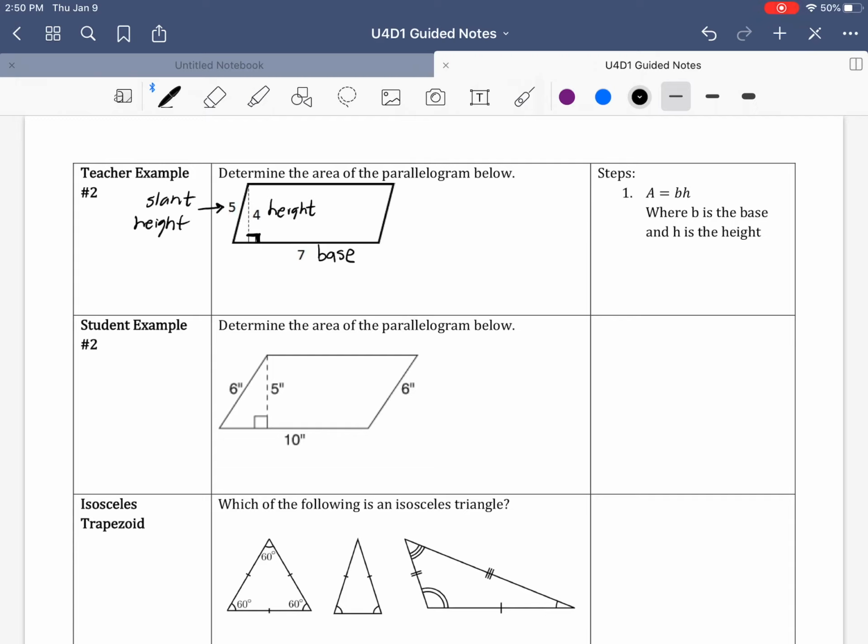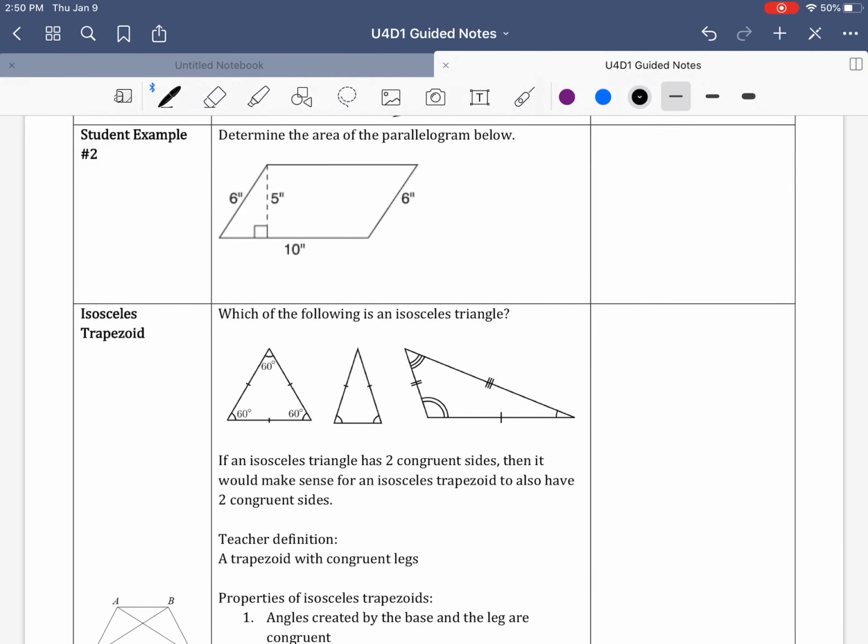And we don't need the slant height for this equation. But later on, we might use slant height for something else. So I just wanted to give you guys a name for that 5. But here, area equals 7 times 4, which is 28. So the area equals 28 units squared. So try your second student example.